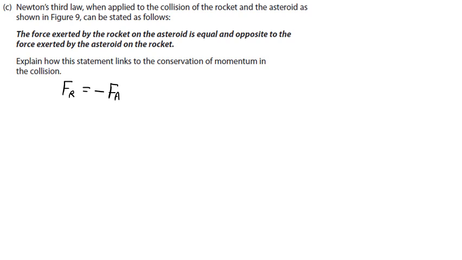So what's the force on the rocket? Well, remember from the previous question, we said that we can calculate the force by working out the change in momentum over time. So we can say that, let's expand that. So that's the final momentum, take away the initial momentum over time.